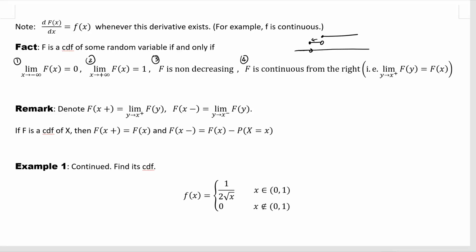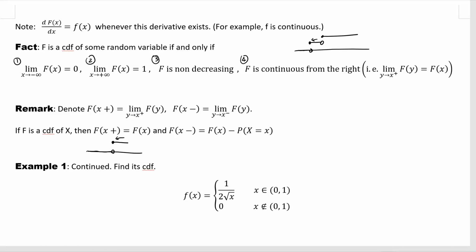We denote F of x plus to be the right side limit at x. We denote F of x minus to be the left side limit at x. If F is the CDF of X, then F of x plus is F of x. Because you see this picture, you can see the right side limit equals the function value.